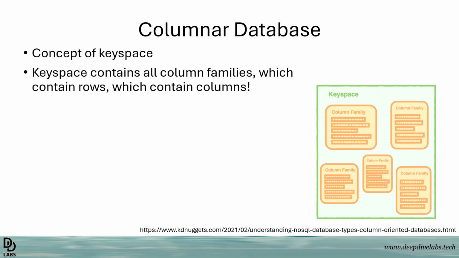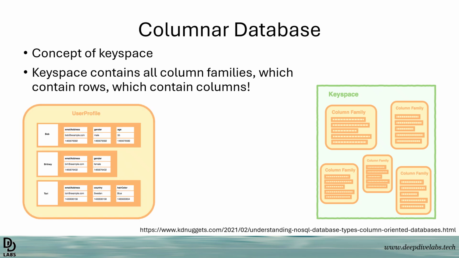If you look at this image, you will see the column family, right? Each row tends to have varying lengths of column values. The first row, at the very top left-hand corner, is shorter, and your second row has more columns. You can see this across these multiple column families.